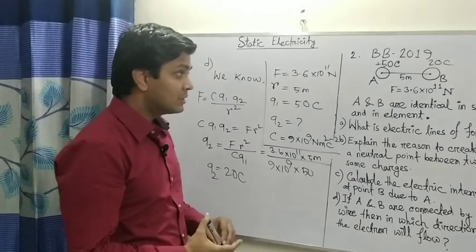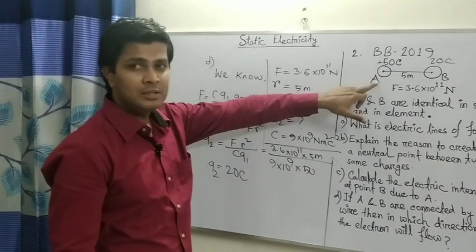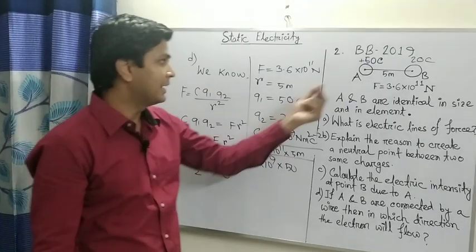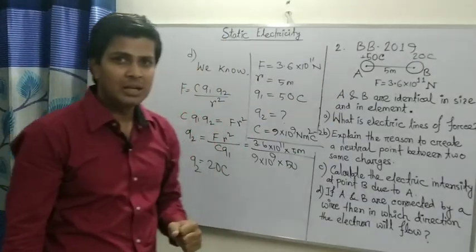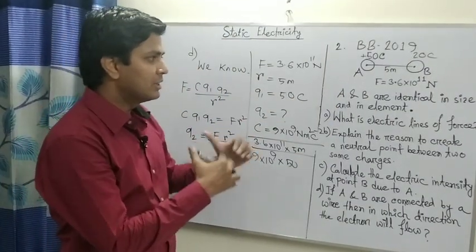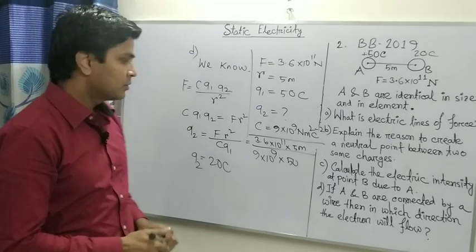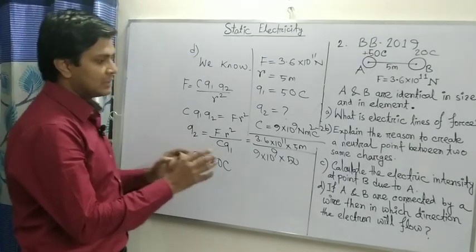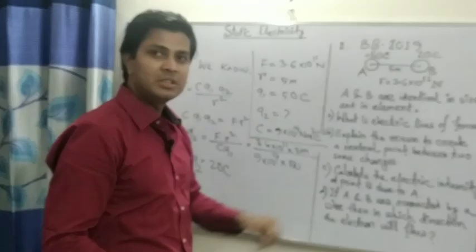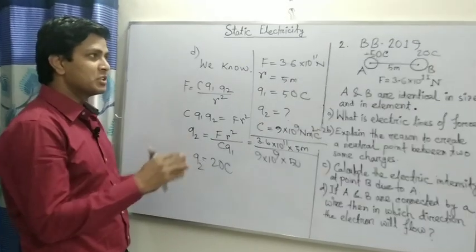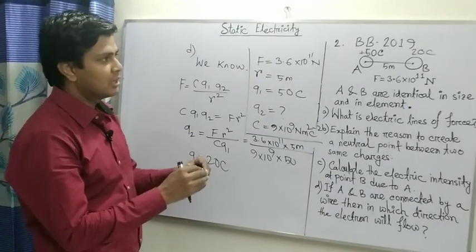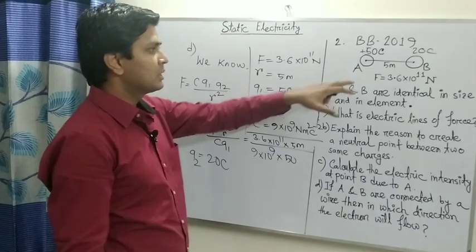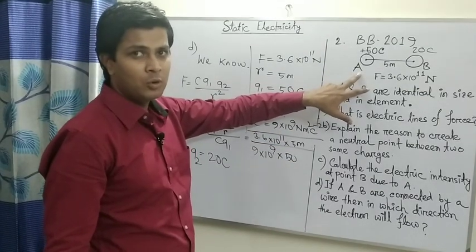As we know, the size of the two bodies is equal, that means the radius of the two bodies is equal, and they are made of the same material. So here, in which direction electricity flows will depend on the potential. In which body the potential is more, we have to calculate first.